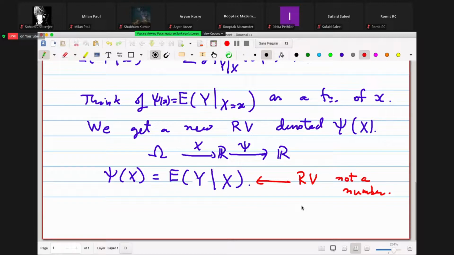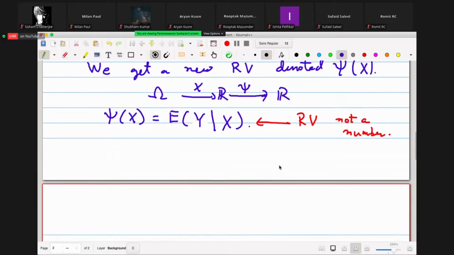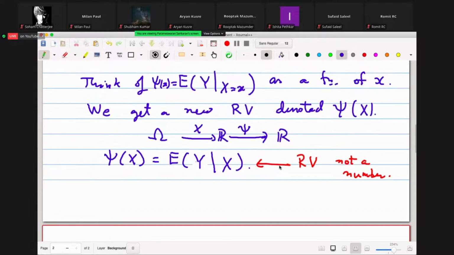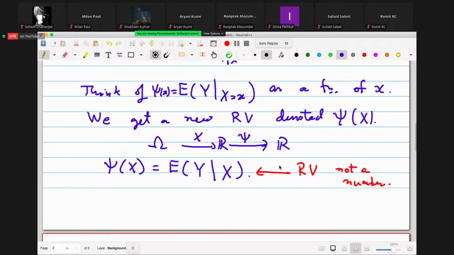Okay. So once you have this clear in your mind, then it makes sense to talk about the next page. Excuse me, can you explain how it's a random variable? Yeah. This is a notation for this random variable.